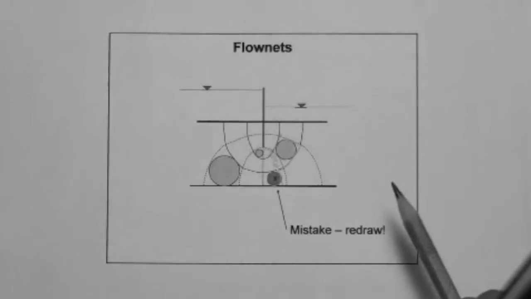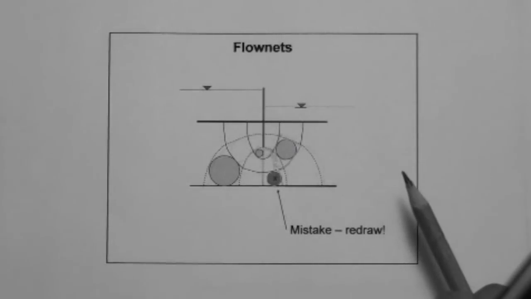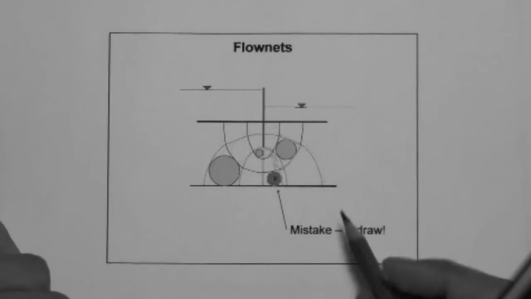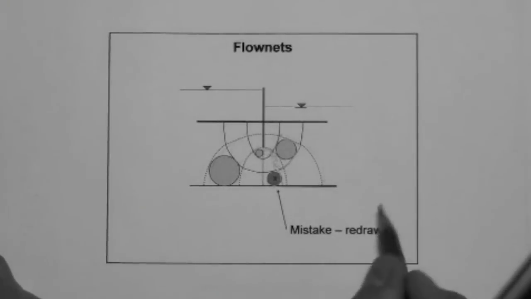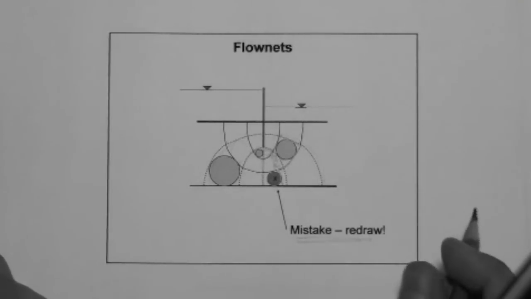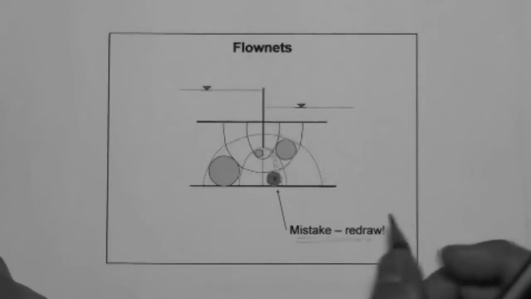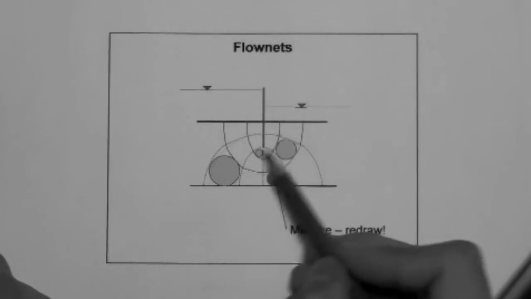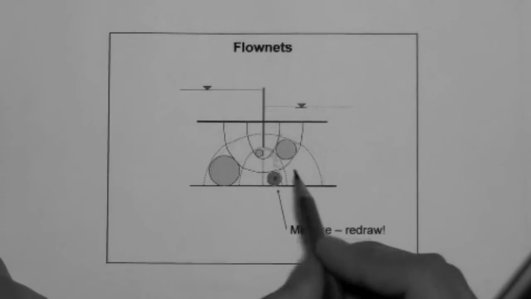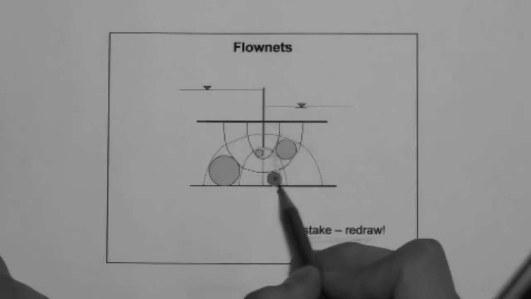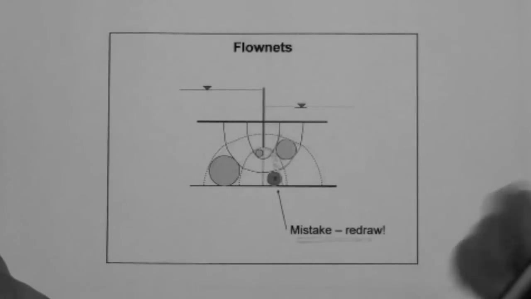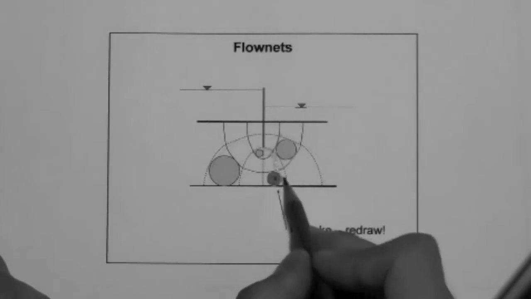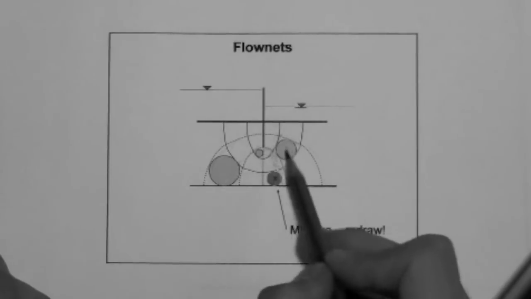So if you try it, and I highly encourage that you try drawing flownets, because that's part of being a geotech engineer, being able to draw flownets in the field. When you don't have a computer at hand, you have to analyze something right there on the spot. You'll realize that you need a very good eraser, because you will make mistakes in drawing the flownet like everybody else, and then when you try to correct those mistakes, you end up making other mistakes somewhere else.